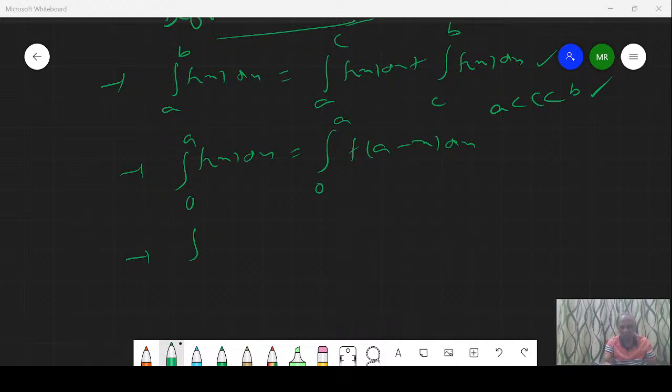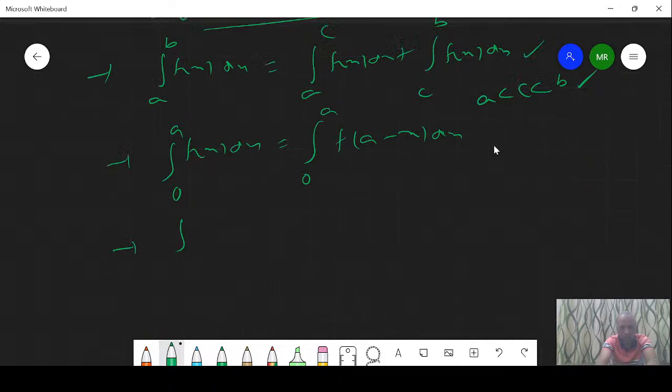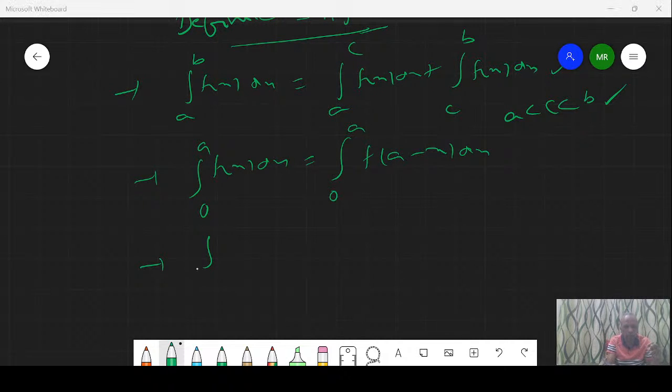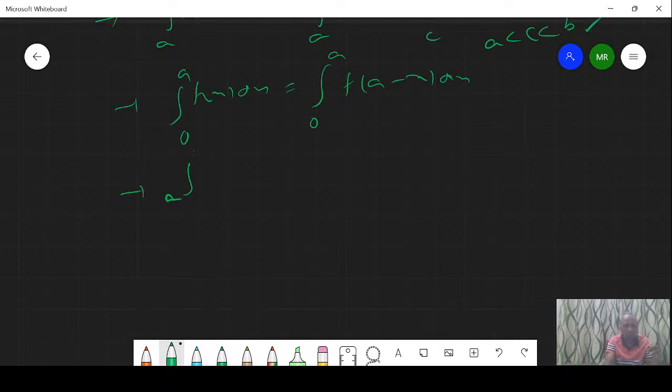Integral a to b f of x dx is also equal to integral a to b f of a plus b minus x dx. So this is also one of the properties: I replace x with a plus b minus x.